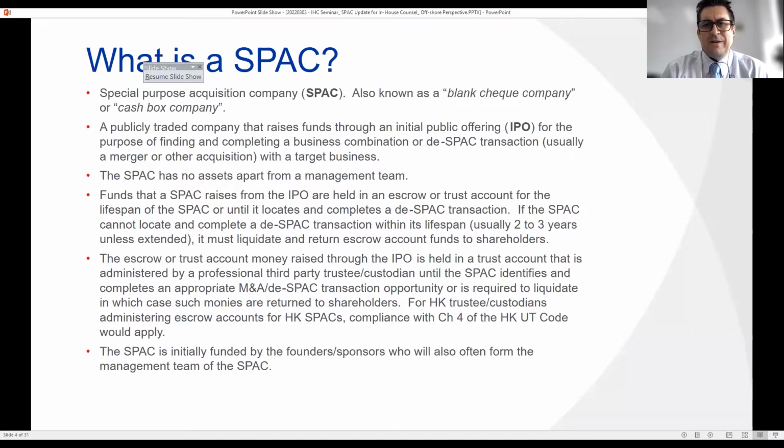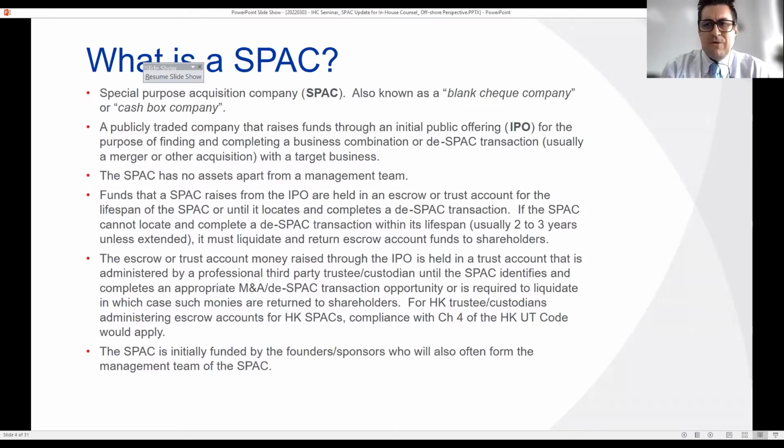The SPAC will be constituted with a management team with a track record, hopefully, and with a mandate to go out and use funds raised from investors in an IPO to acquire a target business and to complete the acquisition of that target business under a process called the de-SPAC transaction, or sometimes called the business combination as well.